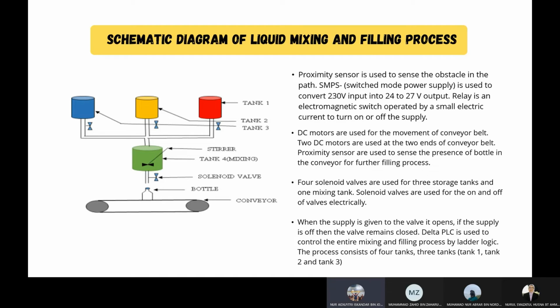When the supply is given to the valve, it opens. If the supply is off, the valve remains closed. Delta PLC is used to control the entire mixing and filling process by ladder logic. The process consists of 4 tanks: tank 1, tank 2 and tank 3, plus the mixing tank.